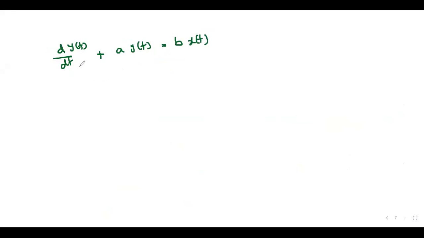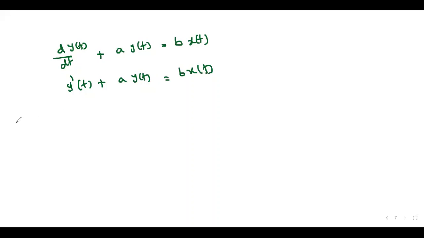Then this d by dt of y(t), I can write simply like y dash of t. We basically denote it just for simplicity. b into x(t) I have written. Then, after getting this y(t), what do we need to do? We need to convert it to the discrete domain.